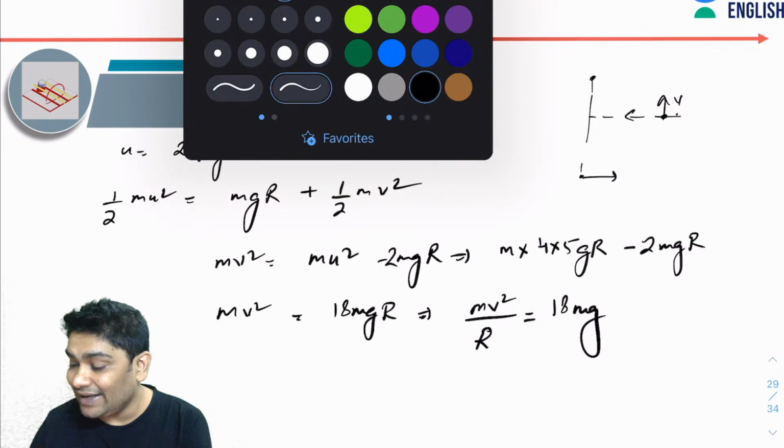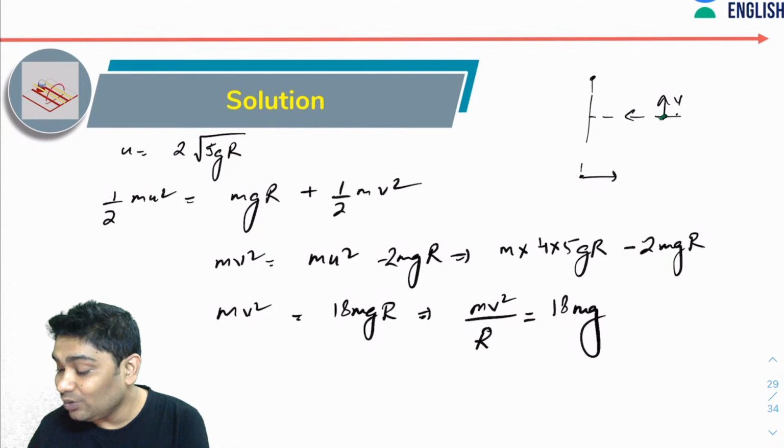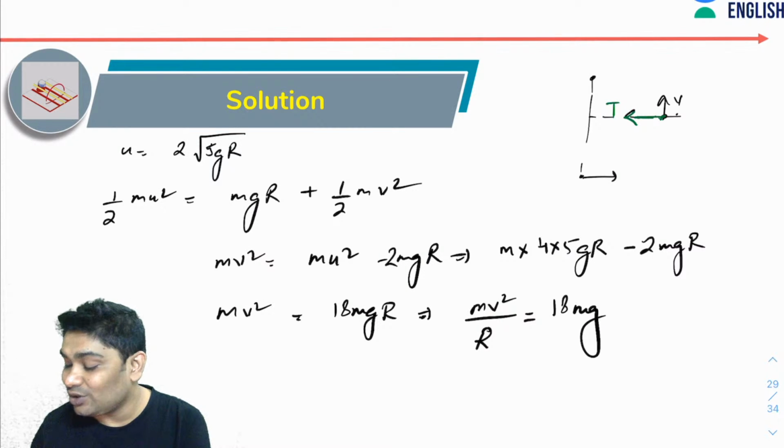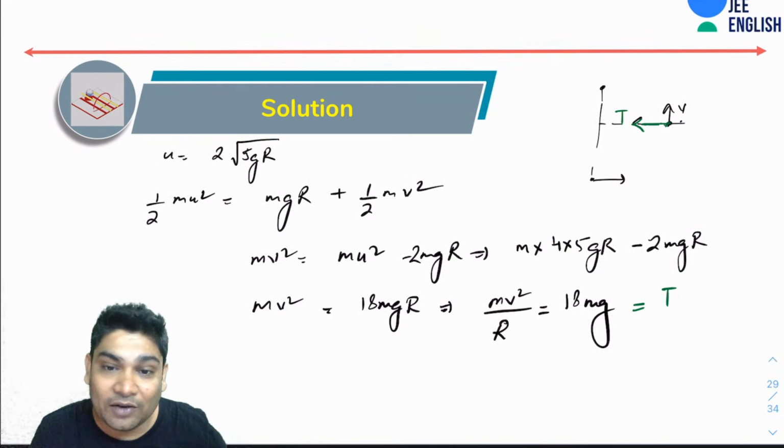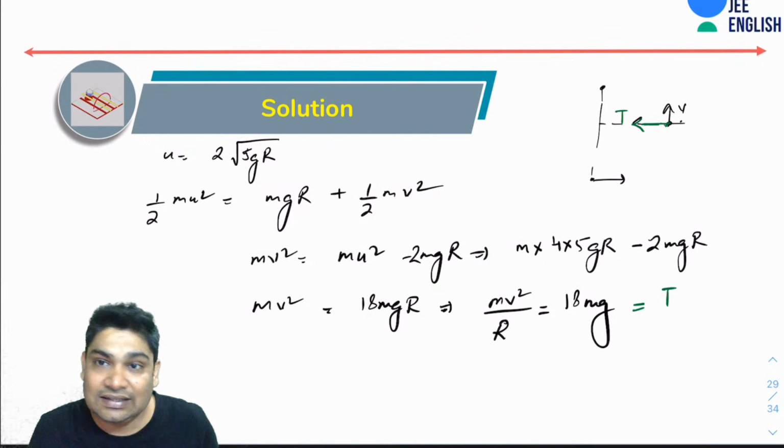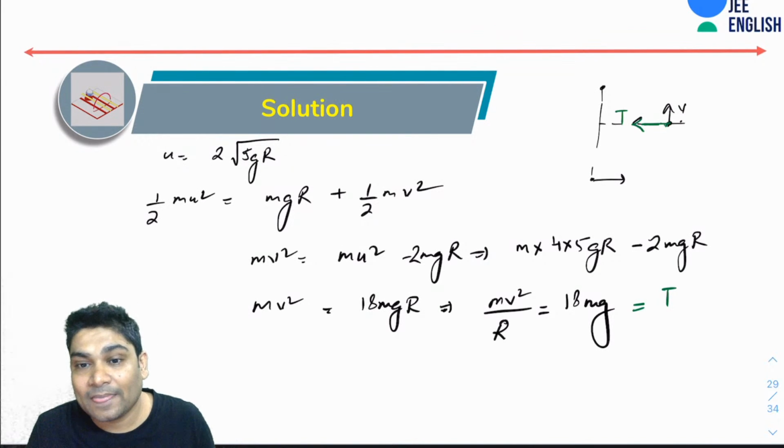And when this guy is here, the only force acting on it is the tension. So this should be equal to T. The answer that you should have gotten for T is 18 mg and not 5 mg.